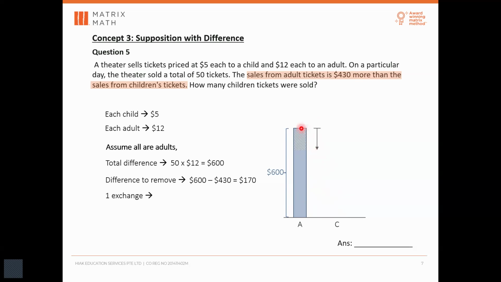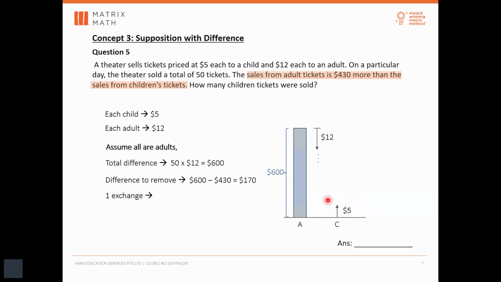If I take away one adult ticket, this would go down by $12. Because I'm exchanging, I need to put in one child ticket, and that is worth $5. Try to understand this diagram.